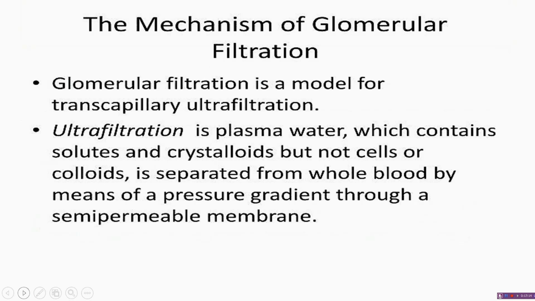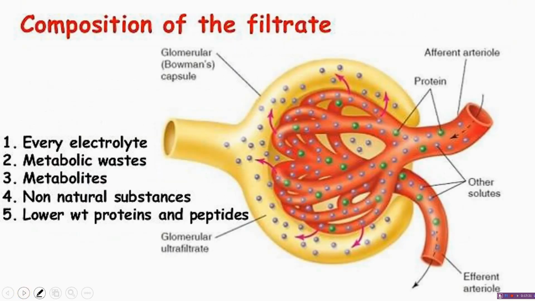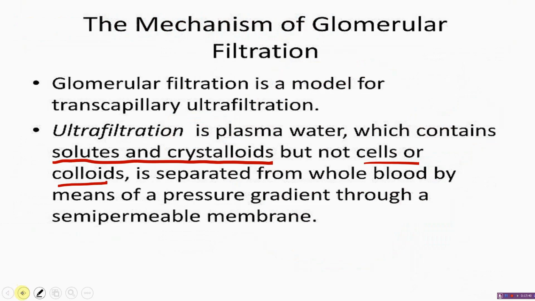What is the ultrafiltrate? It is plasma water which contains solutes and crystalloids, but not cellular components or colloids, and it is separated from the blood by a semipermeable membrane. Now, the ultrafiltrate composition is shown here, where we can see it is devoid of the cellular components and colloids.